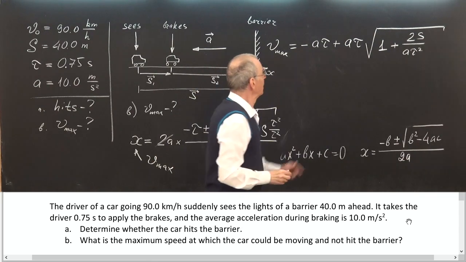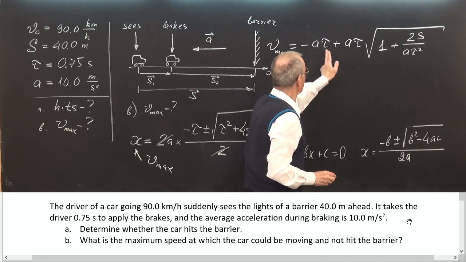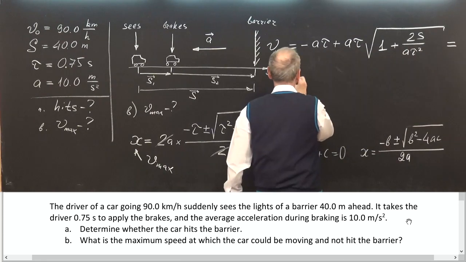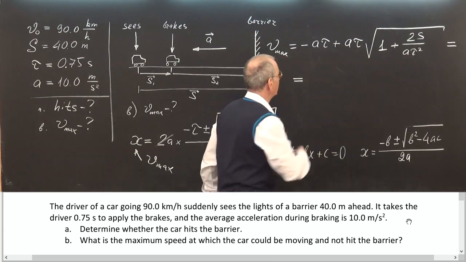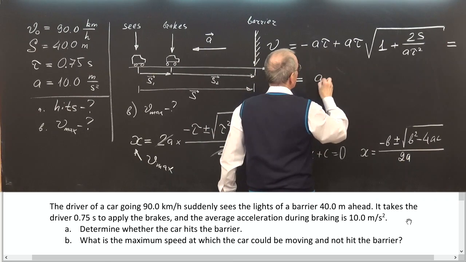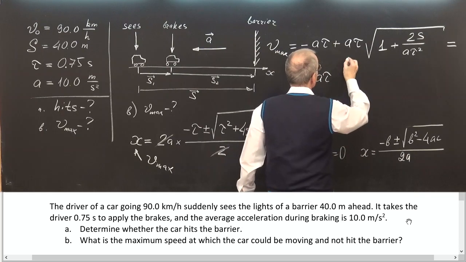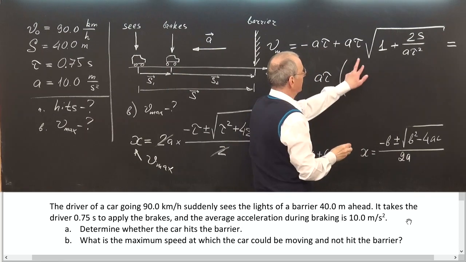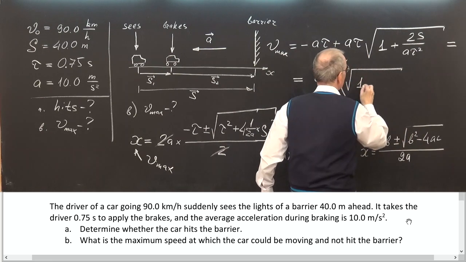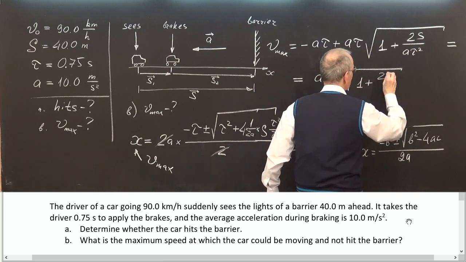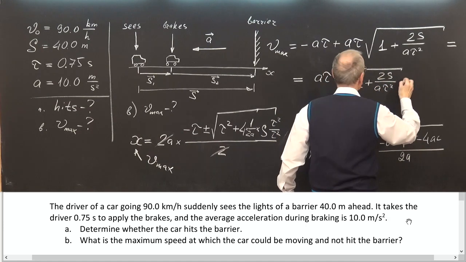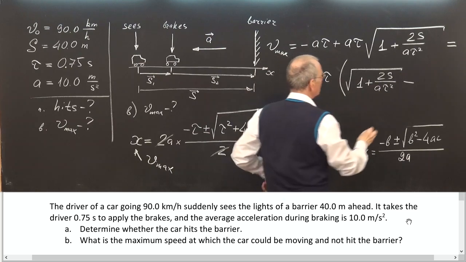And let's bring a tau out of the brackets. We have a tau times the square root of 1 plus 2s over a tau squared, minus 1.